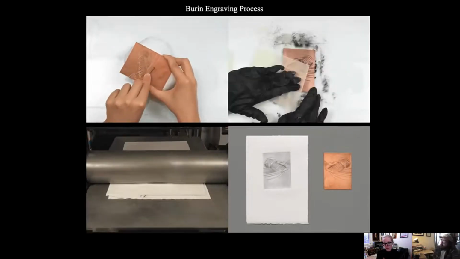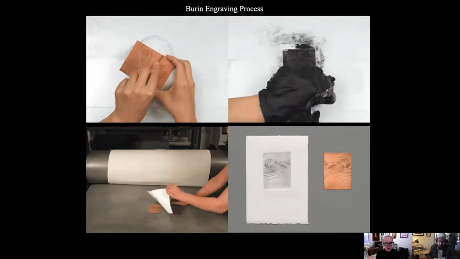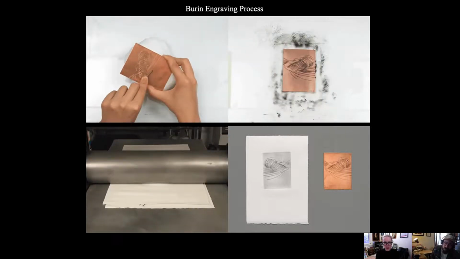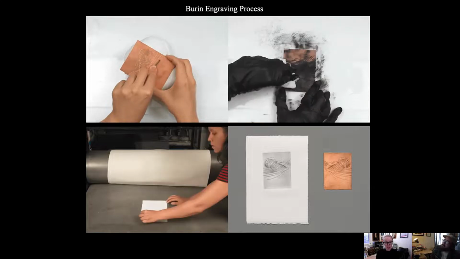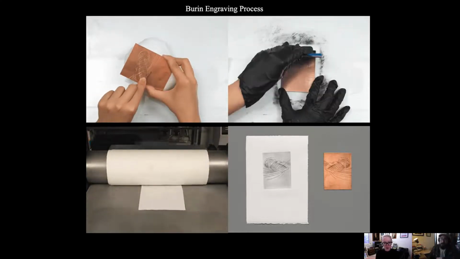These metal plates, it's usually copper up through. Super soft. It's super soft, but at the same time, it's not quite like drawing because there is this kind of mechanical and physical component. You are actually cutting metal out of the plate.